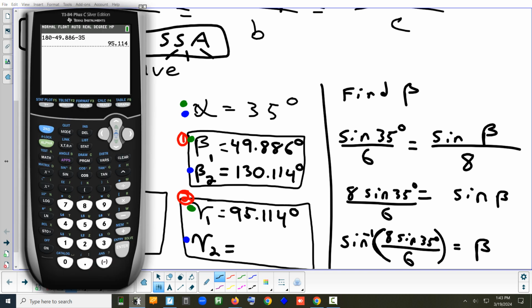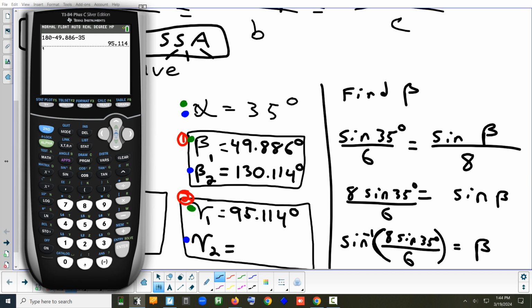Can somebody else tell me how I would get gamma 2? You would subtract beta 2 and alpha from 180. Yep. So 130 and 35, that's 165.114. Subtract that from 180.